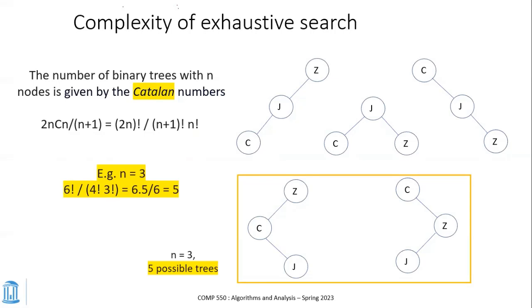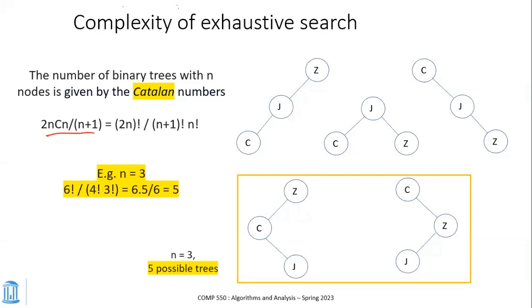This is not a simple number to calculate because not all possible permutations, for example, will result in a separate, unique BST. Okay, so what seems to be the complexity of this equation? Is this a polynomial equation, or is this an exponential equation?